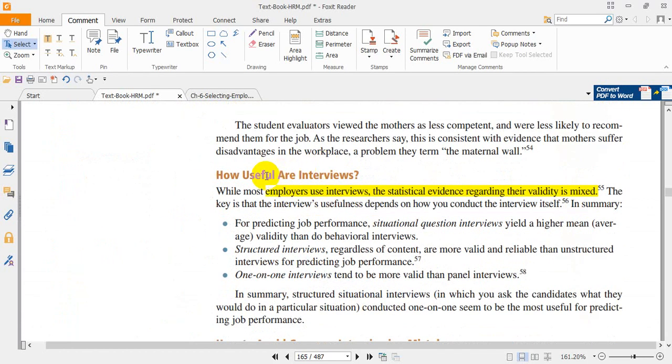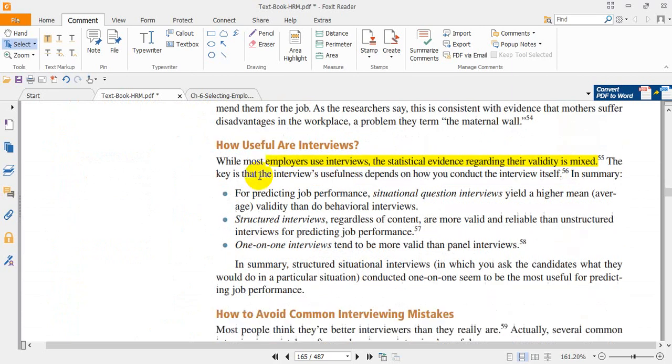Let's go to how useful are interviews. While most employers use interviews, the statistical evidence regarding their validity is mixed.